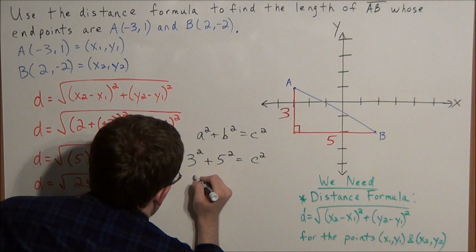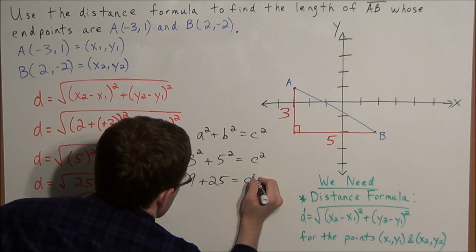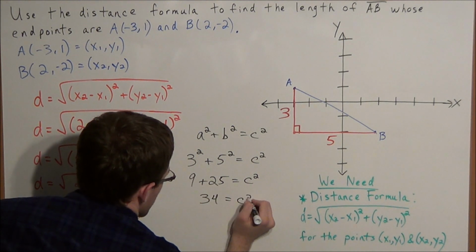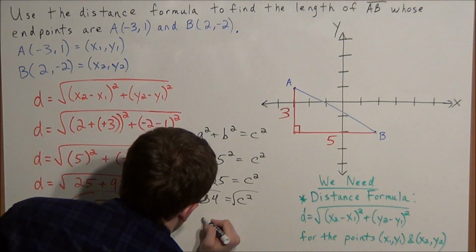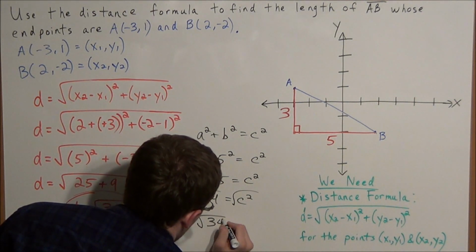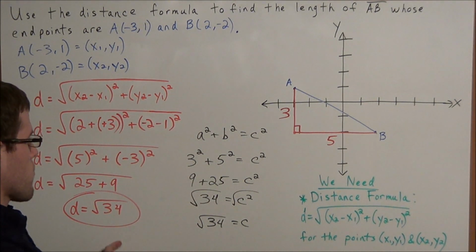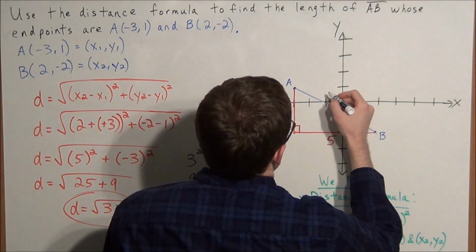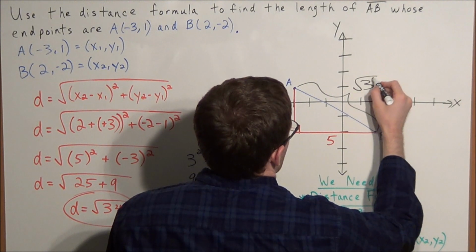So now we have 9 plus 25 equals c squared, which gives us 34 equals c squared. To solve for c, we take the square root of both sides, and we have that the square root of 34 is equal to c. So the final answer to this problem, which we verified with the Pythagorean Theorem, is that the length of line segment AB is equal to the square root of 34.